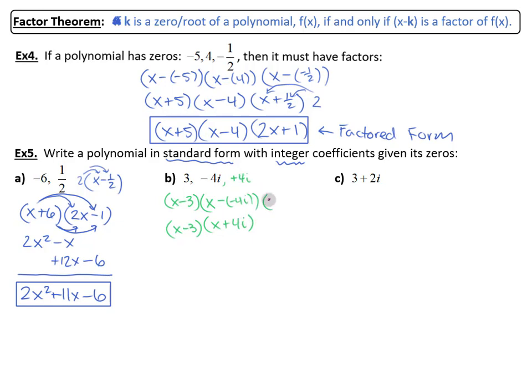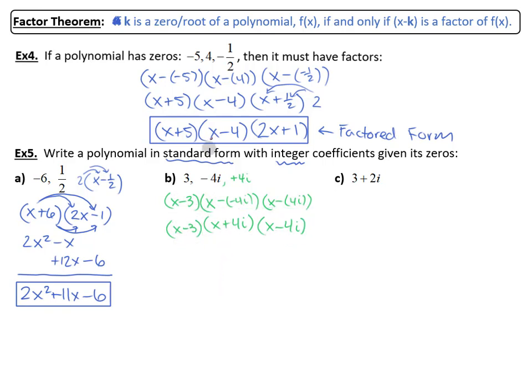Which means x minus 4i has to be a factor. Oh goodness, we do have to multiply three things together. But if you want to make your life easier, it helps to focus on the conjugates first.